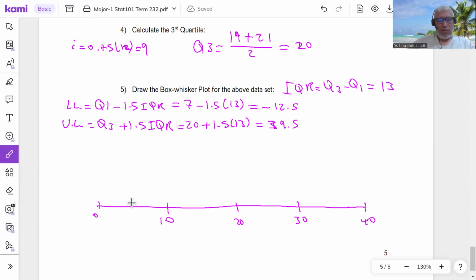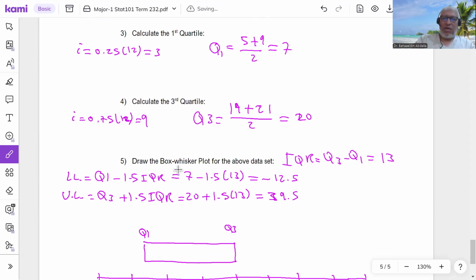So this would be 5. This would be 15. This would be 25, and this would be 35. So Q1 is 7, so it's somewhere here. This is Q1. Q3 is 20, so this is Q3. And this is the rectangle, the box.